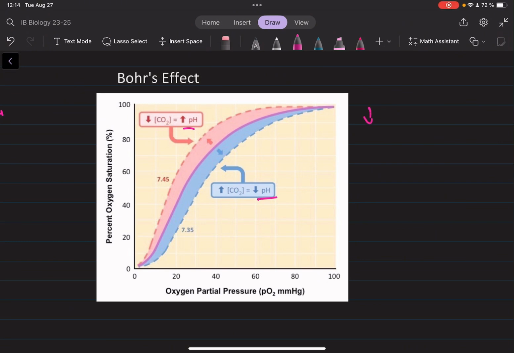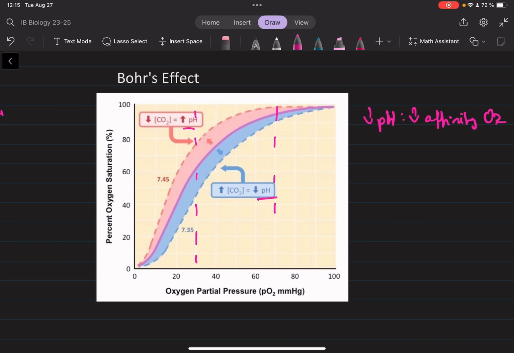And as the pH of the blood decreases, capital H, the affinity of oxygen also decreases. And then the opposite is true. So if the pH increases, the affinity of oxygen also increases.